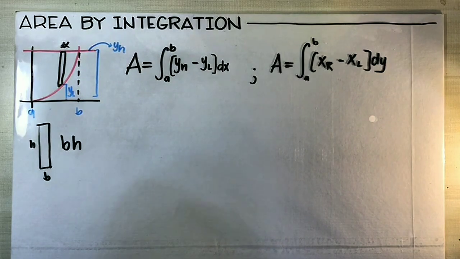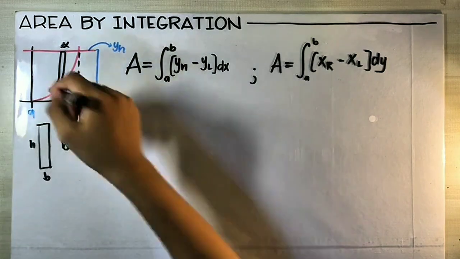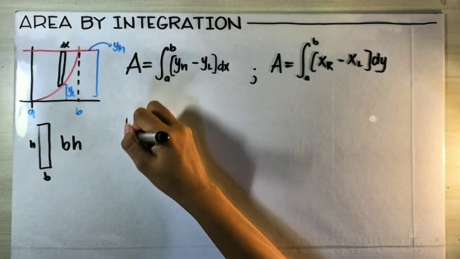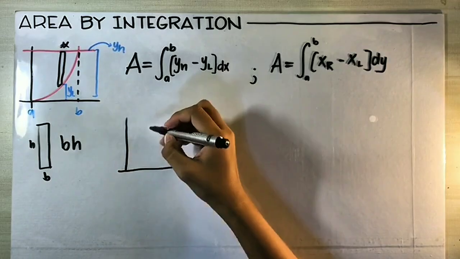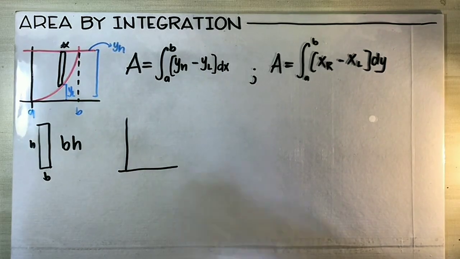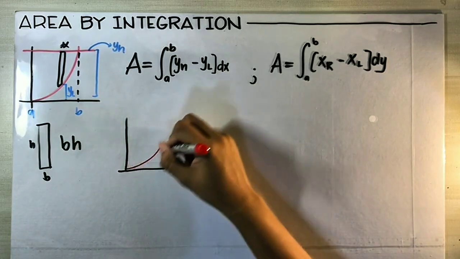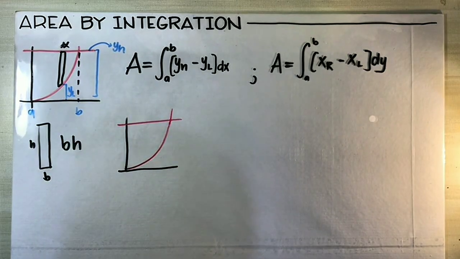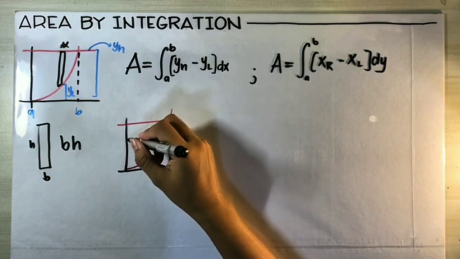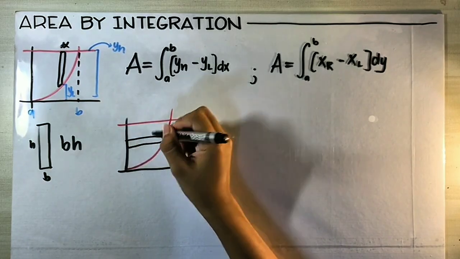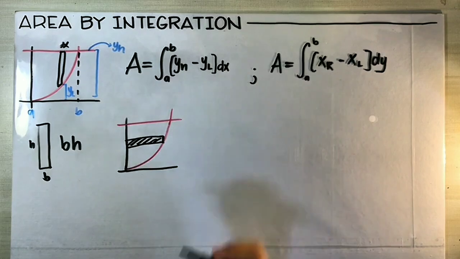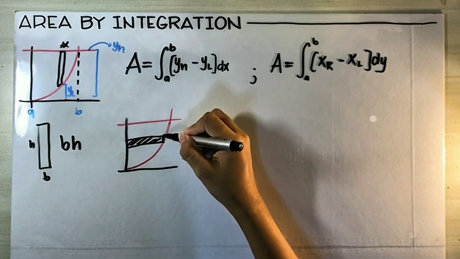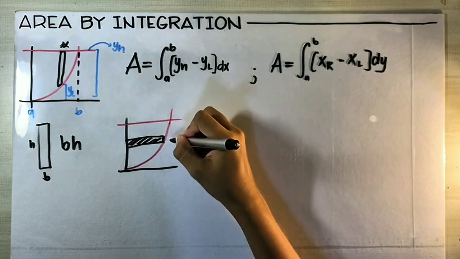And what if our strip is horizontal? Let's say our strip is like this, and then we make our strip horizontal like this. Since it's horizontal, our thickness is what?